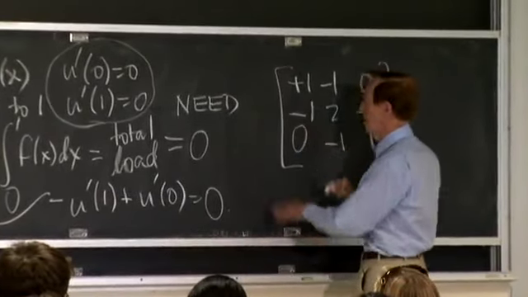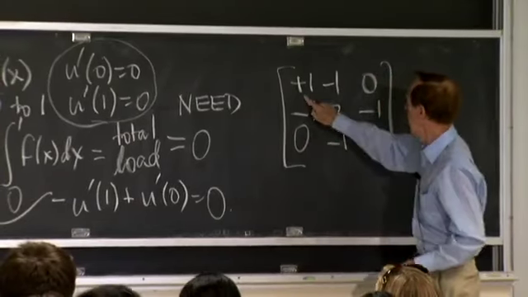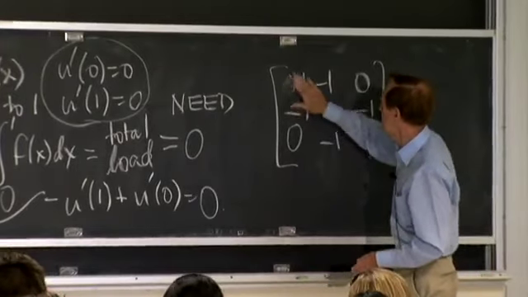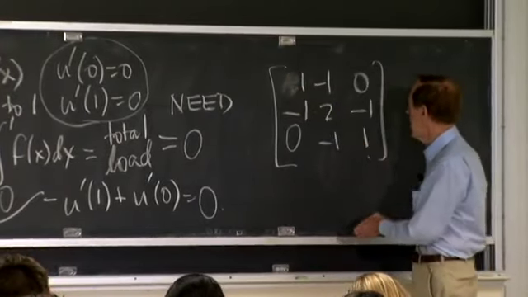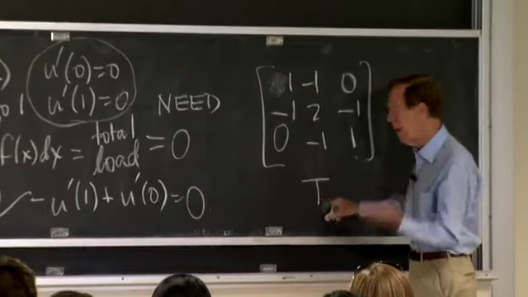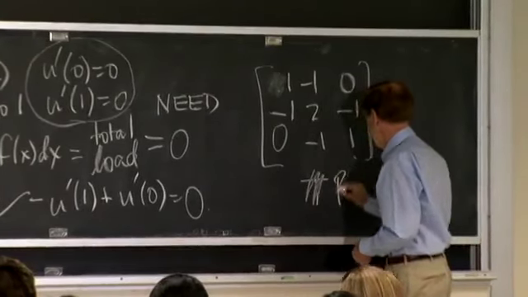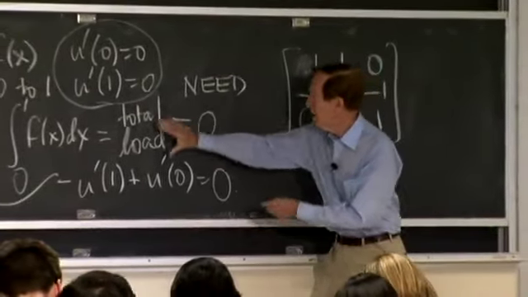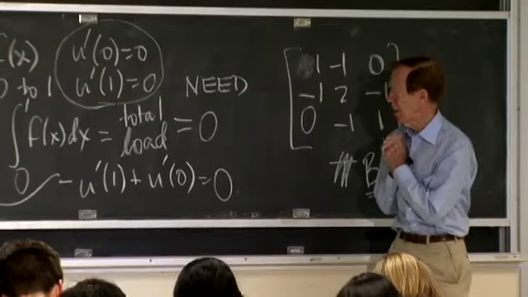This is the discrete version with a 0 slope at both ends. It's our T matrix. No, what matrix is it? B. It's our B matrix, both ends. Okay. So I'll just come back here and then I'll do the discrete one.